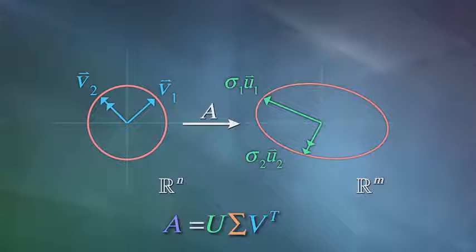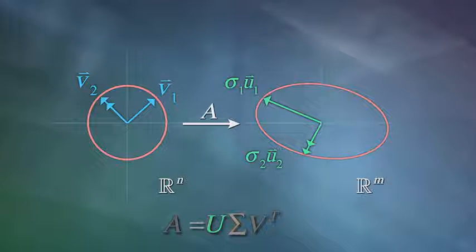Let's look at a pictorial example of a linear transformation from R2 to R2. And this will give us a feeling for what happens in general for linear transformations from Rn to Rm. Suppose that under multiplication by A, the unit circle gets transformed to some tilted ellipse. The vectors along the principal axes of this ellipse, scaled to length 1, are the left singular vectors.